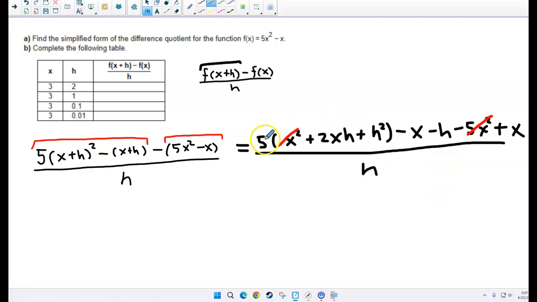The 5 distributing leaves behind 5 times 2, which is 10xh. The 5 distributing to the last term, h squared, gives us 5h squared. And then we've also got a negative x and a positive x that cancel, which leaves just this minus h as our last term up top.